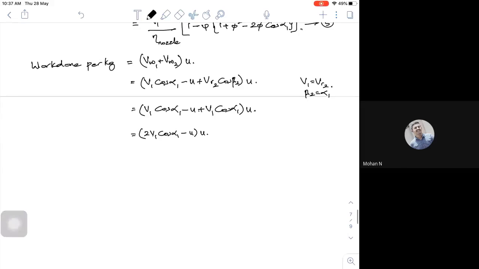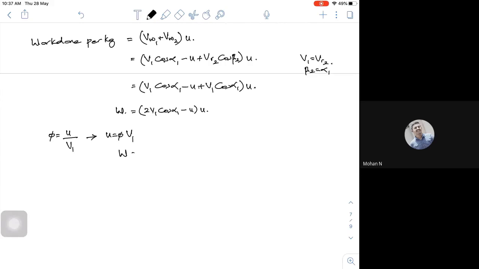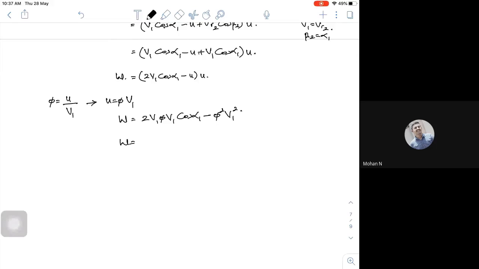Now what is your phi? Phi is equal to U by V1, or I can write U is equal to phi into V1. So I can write my W is equal to 2 phi V1 cos alpha 1 minus phi square V1 square, or I can take V1 square outside.